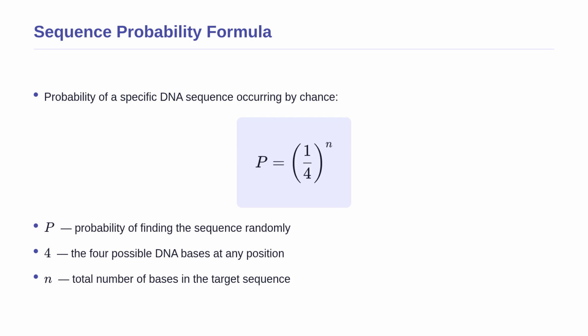The variable n represents the total number of bases in our chosen target sequence. As the value of n increases, meaning we design our TALEN to recognize a longer sequence of DNA, the probability P decreases exponentially. This tells us that longer recognition sequences are exponentially more unique.